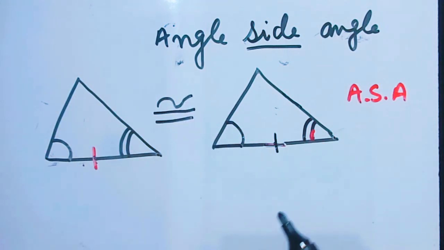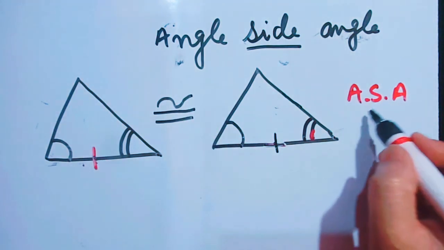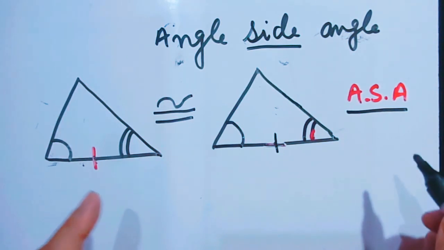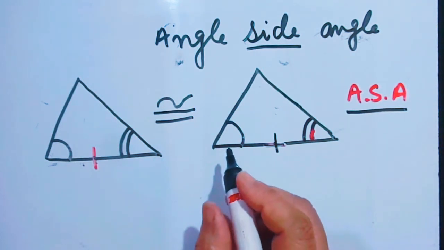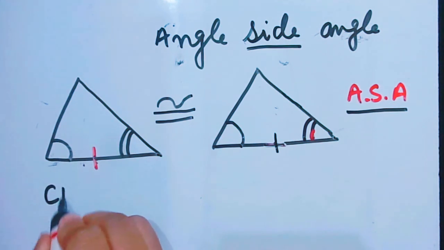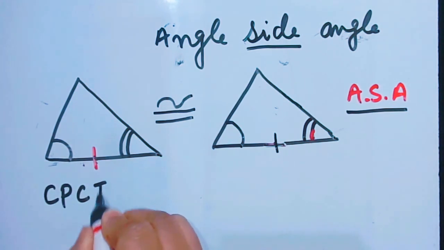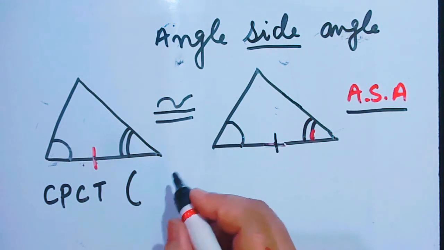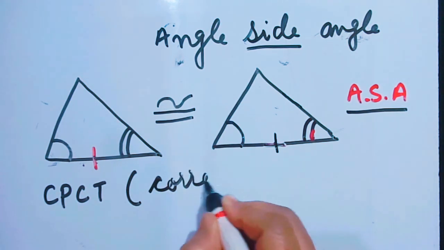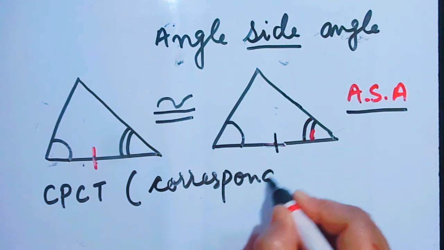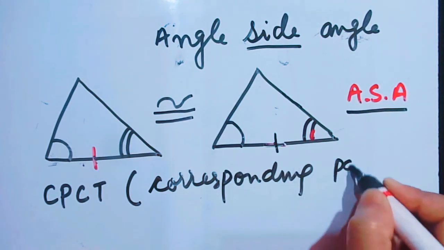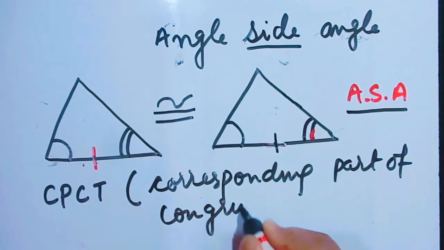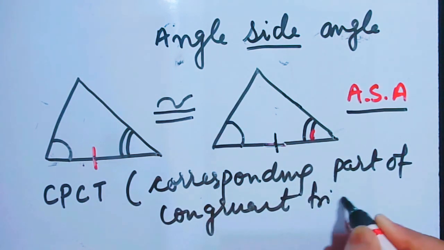And once again I tell you that if the triangles are congruent, you have the liberty to use CPCT, which means corresponding part of congruent triangle.